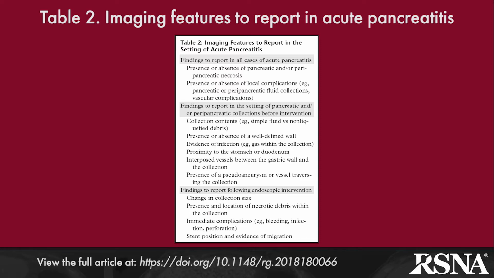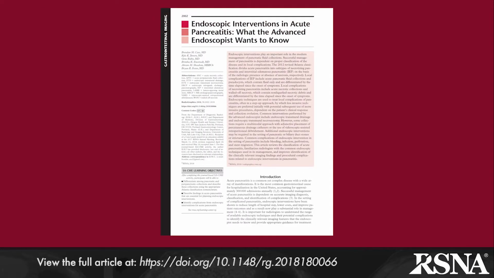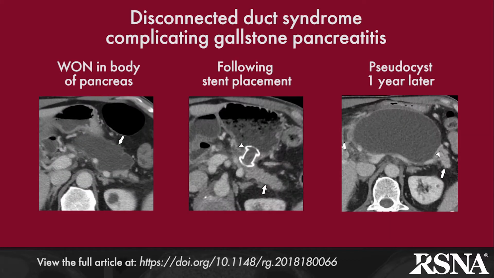In selected cases, a multifaceted approach including percutaneous drainage and video-assisted retroperitoneal debridement may be employed in conjunction with endoscopic techniques. Pancreatic duct interventions, including stent placement, duct stricture dilatation, and duct stone extraction, may be used to relieve ductal obstruction and facilitate gland drainage.